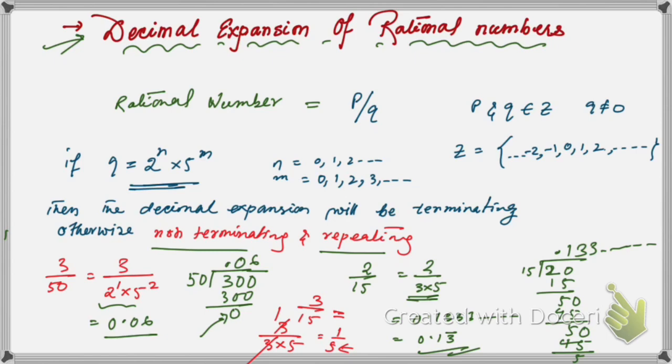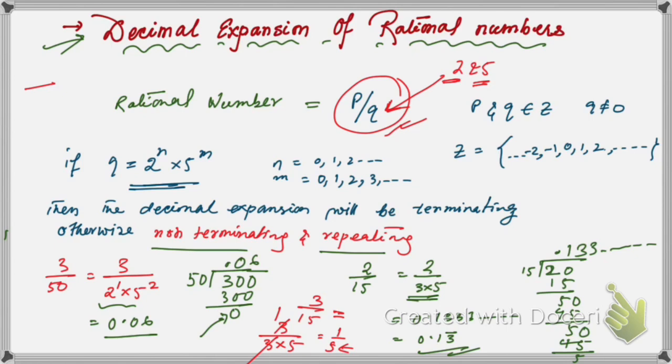It will be terminating. That means you can say, if you express a rational number in p by q form, and in the prime factorization of q you have 2s and 5s only, or only 5s or only 2s, then also it's going to be terminating, right?